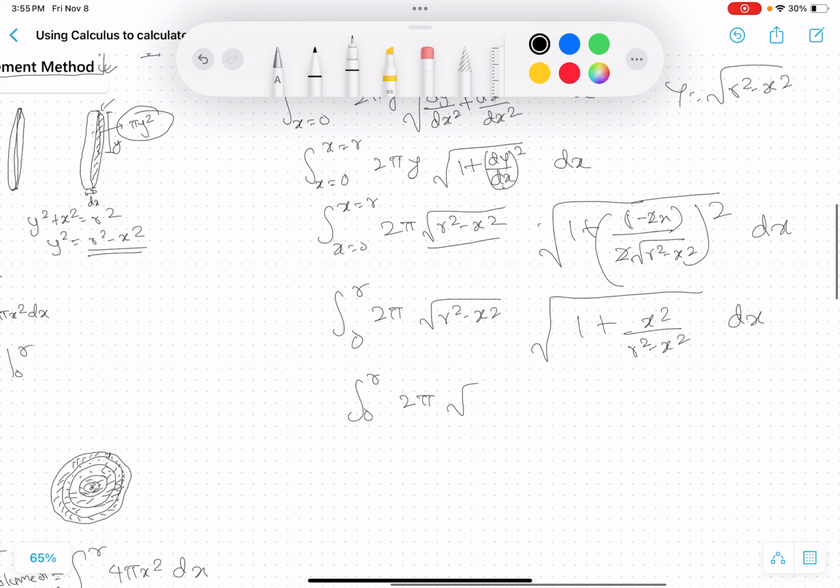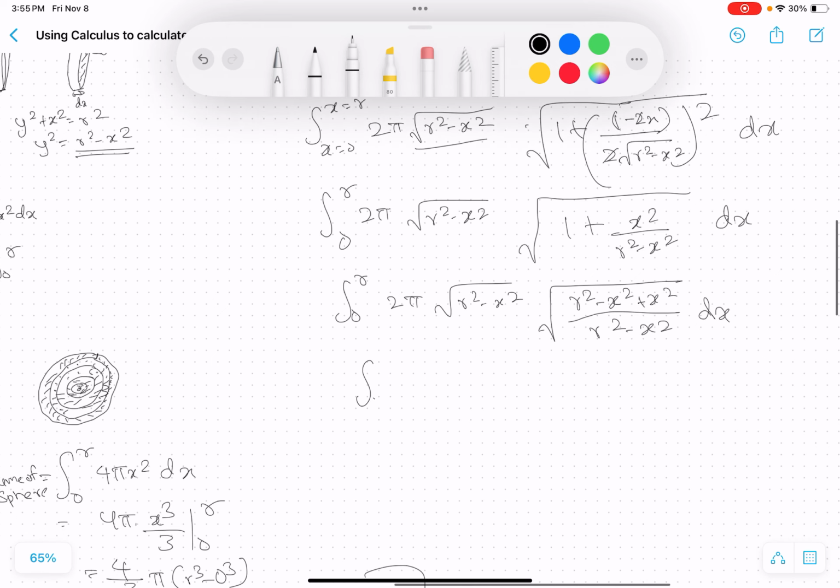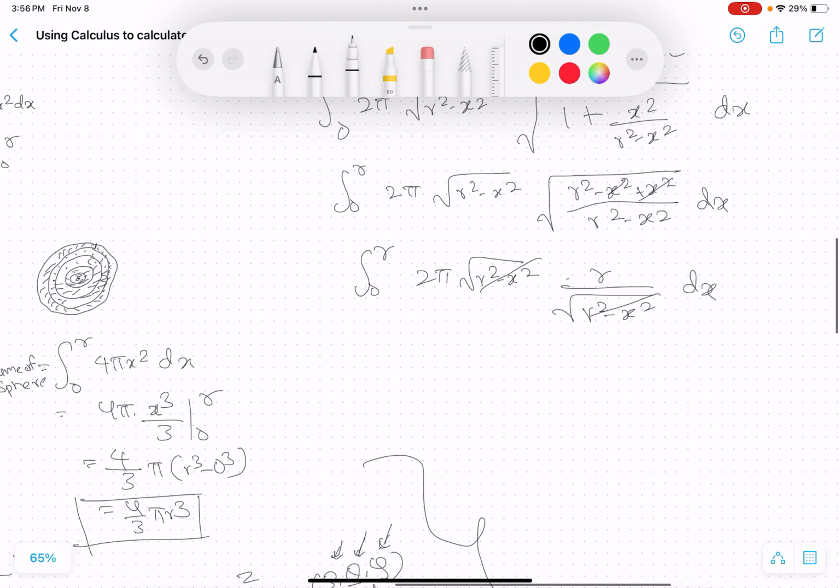Now this is just square root of r square minus x square plus x square by r square minus x square, dx. Note that even though there is a lot of algebra, it's actually pretty easy. 2 pi root r square minus x square, now this is just r by square root of r square minus x square times dx. These two cancel out. So we have from 0 to r, 2 pi r dx.